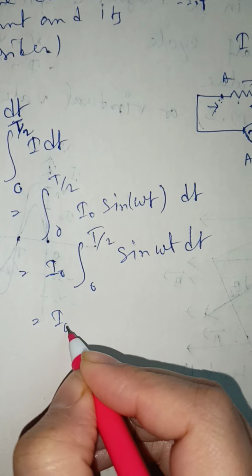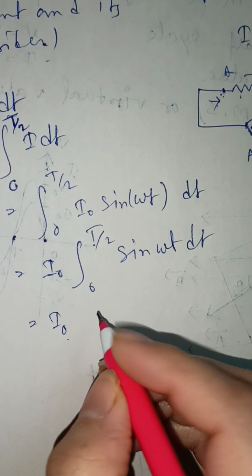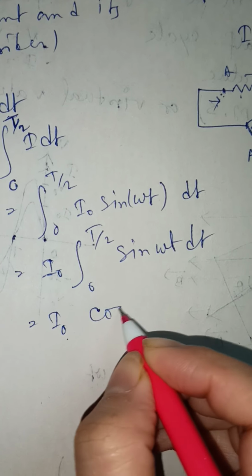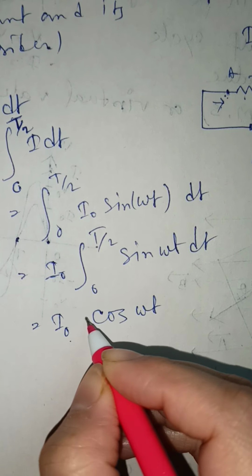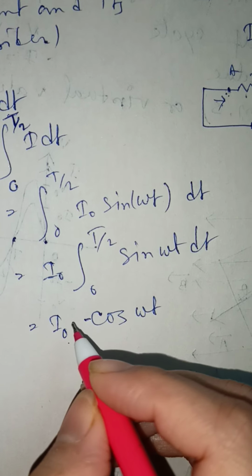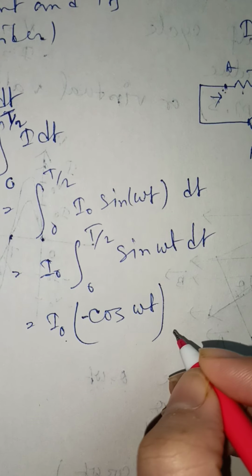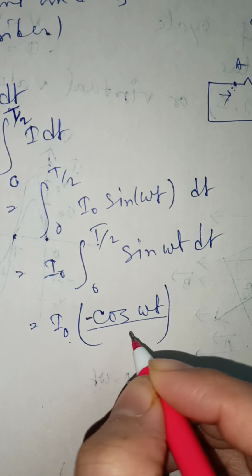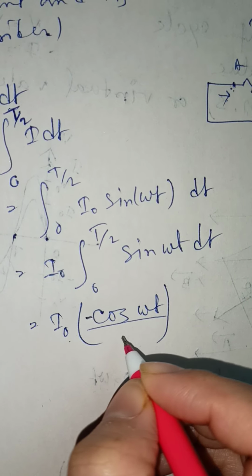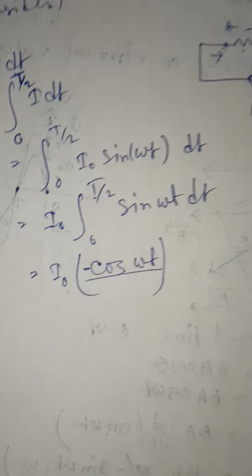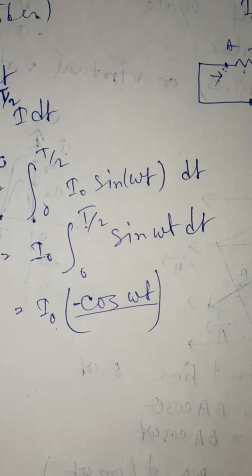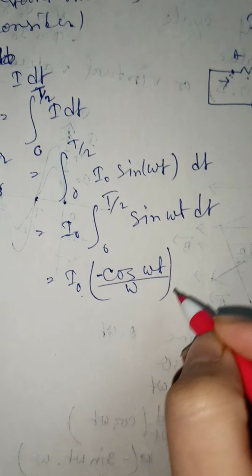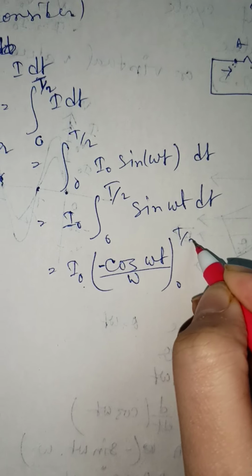The integration of sine omega t dt equals minus cos omega t by omega, and the limit will be 0 to T by 2.